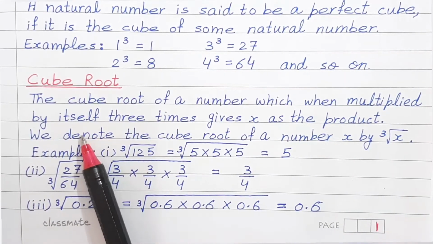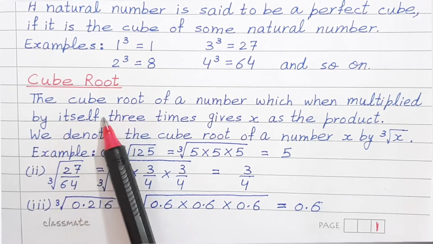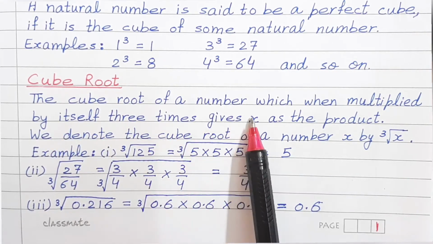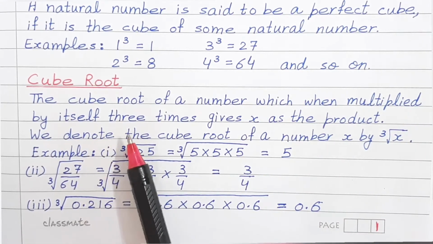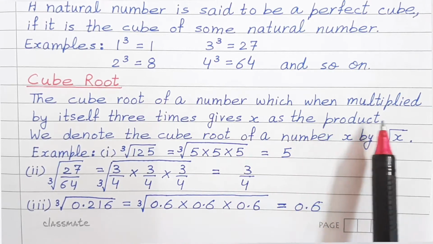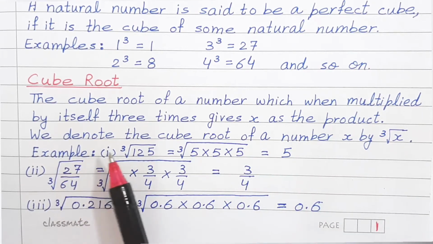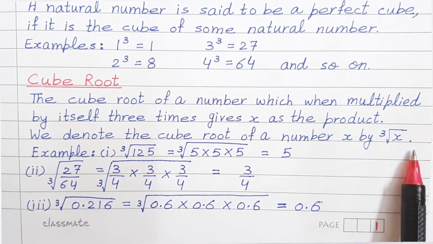Now let us discuss about cube root. The cube root of a number x is the number which when multiplied by itself 3 times gives x as the product. We denote the cube root of a number as cube root x.